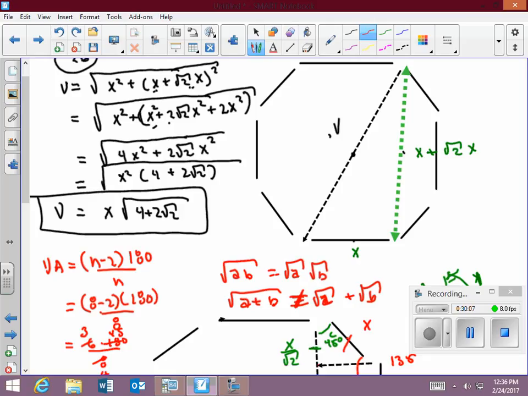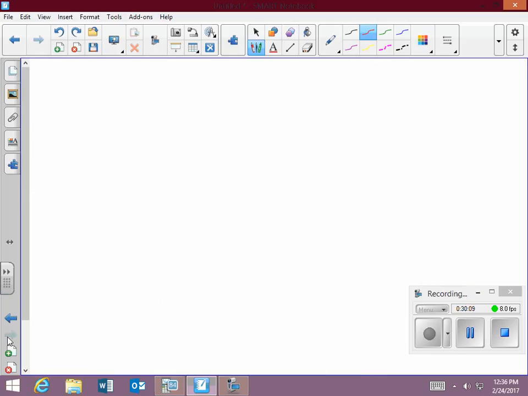The applications, these are a little bit easier. Gonna be a lot easier. 32 says a baseball diamond is a square that measures 90 feet on a side. How far must the catcher throw the ball from home to second place to pick off the runner?